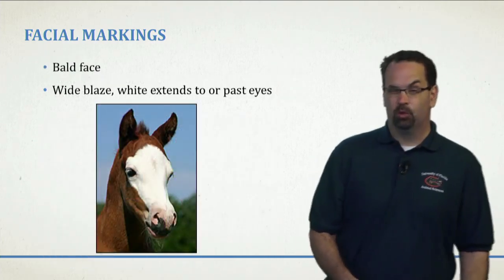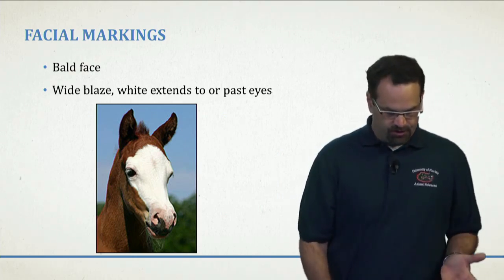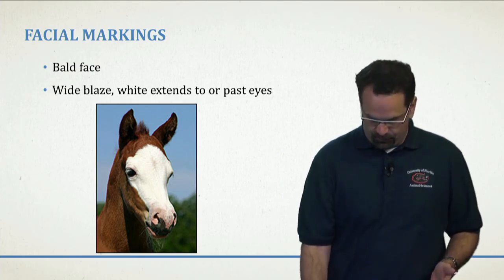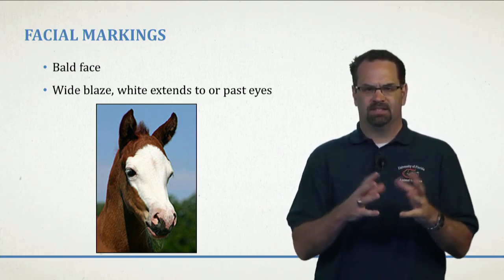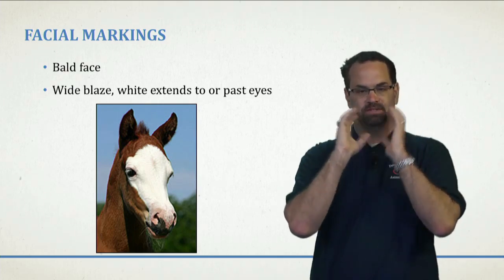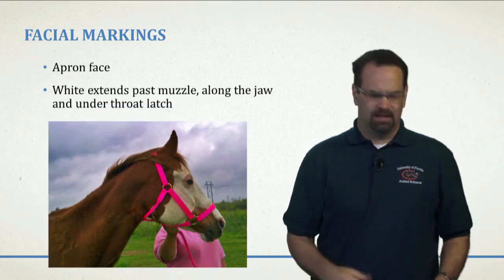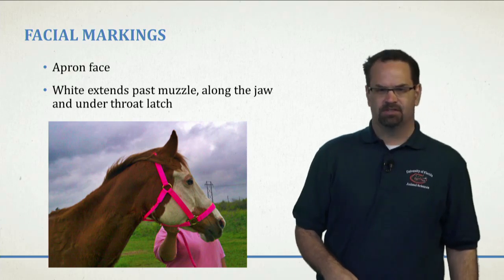Now, there are some really cool white markings that have special nomenclature. The first is a bald face. You can see on this foal the white blaze extends past the eyes. All of the white is in the face, and we call that a bald face. The next one is really neat too, and that's called an apron.